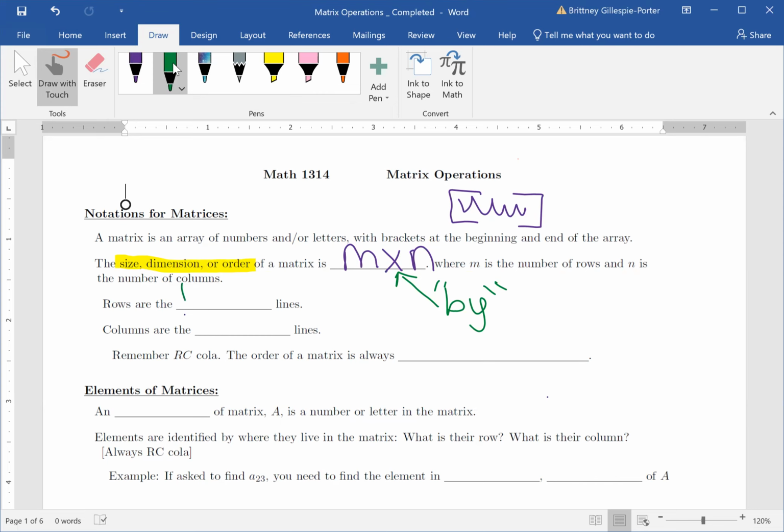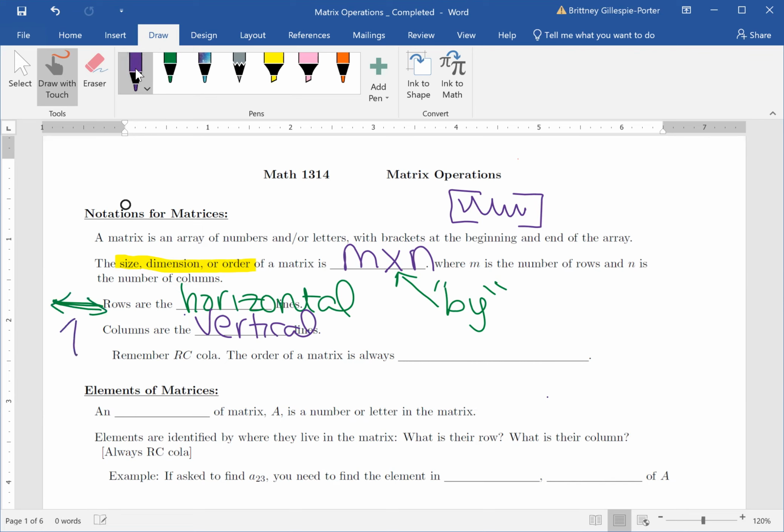Okay. Rows are going to be our horizontal lines. And our columns are going to be the vertical lines. So rows left and right, columns up and down. Now I know it's kind of old school, but remember RC Cola, Royal Crown Cola.